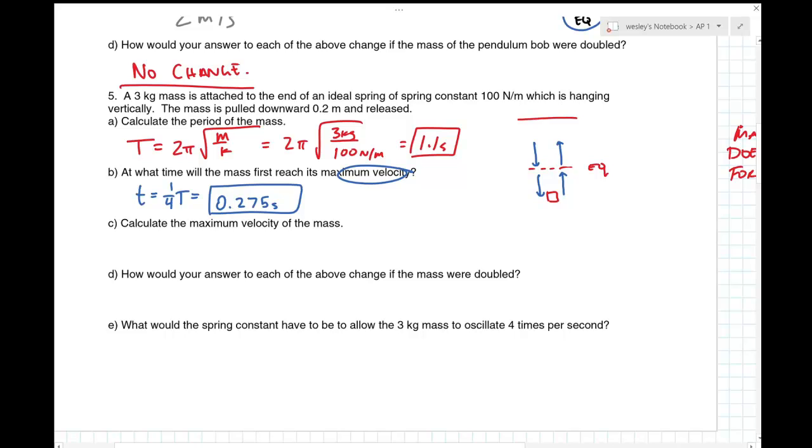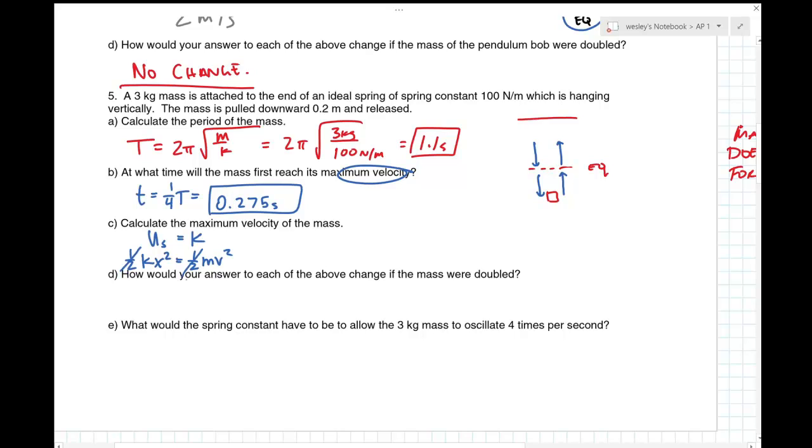To calculate the maximum velocity, it's the exact same thing we did before, but we have spring potential now. So my maximum spring potential energy is going to be equal to my maximum kinetic energy. So 1/2 kx squared is equal to 1/2 mv squared.